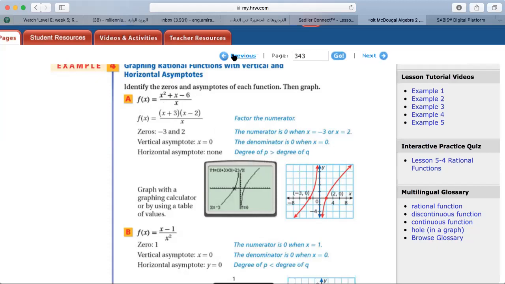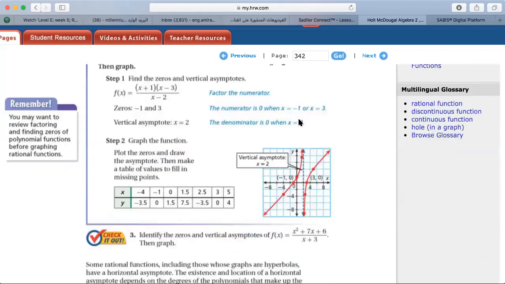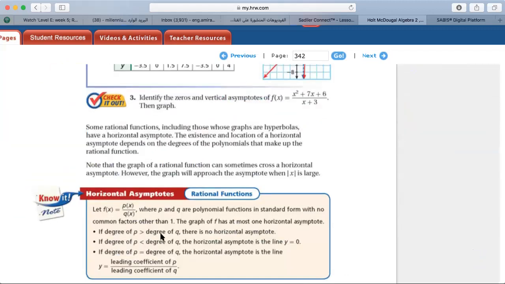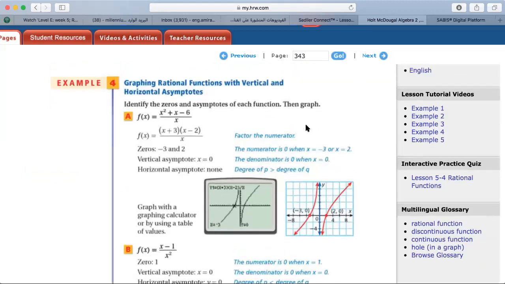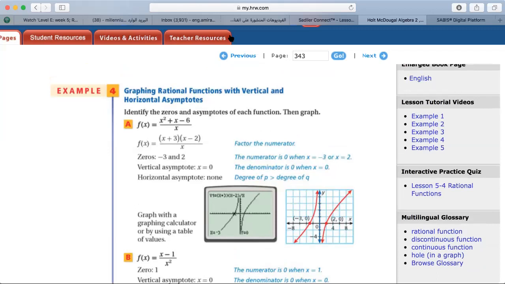So if we go back to the previous page, what happens if the degree of p is greater than the degree of q? There is no horizontal asymptote. If the degree of p, the numerator, is greater than the degree of q, the denominator, there is no horizontal asymptote. So girls, here, let me write it.